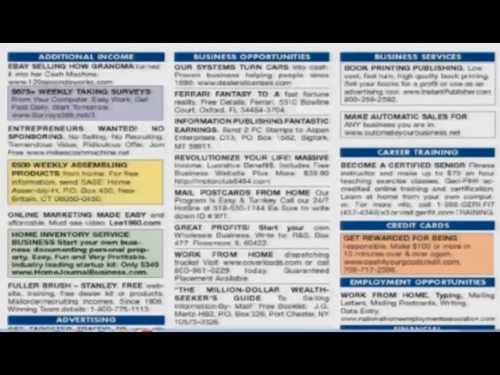As you can see here, different ads are categorized under different headings and subheadings. For example, additional income, then you have advertising, business opportunities, business services, career training and so on.